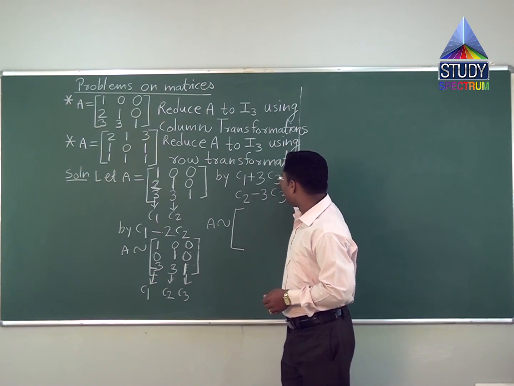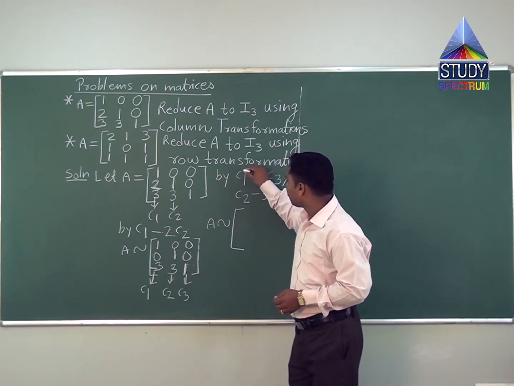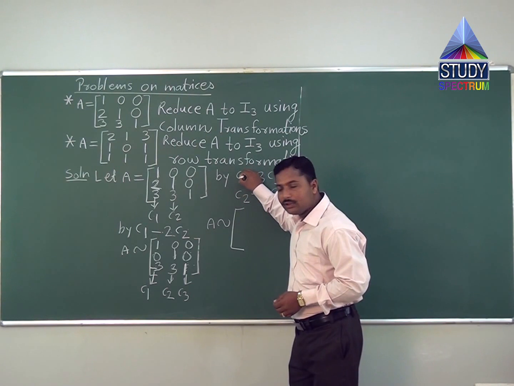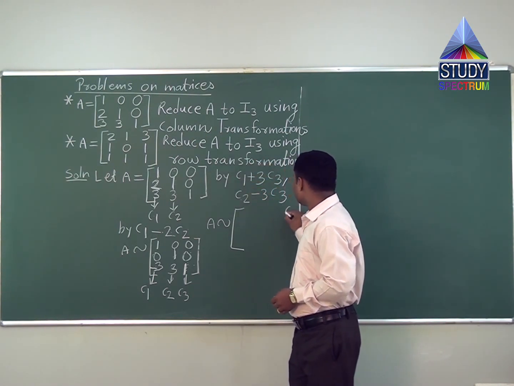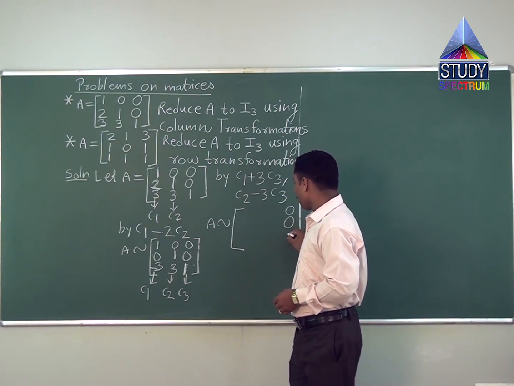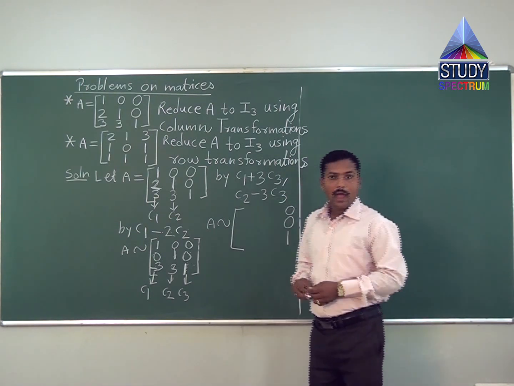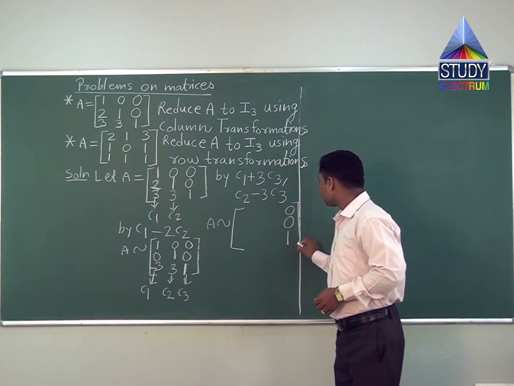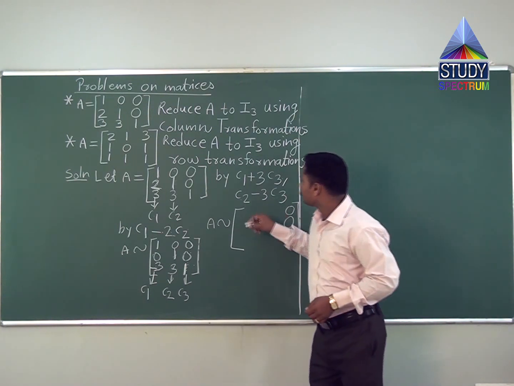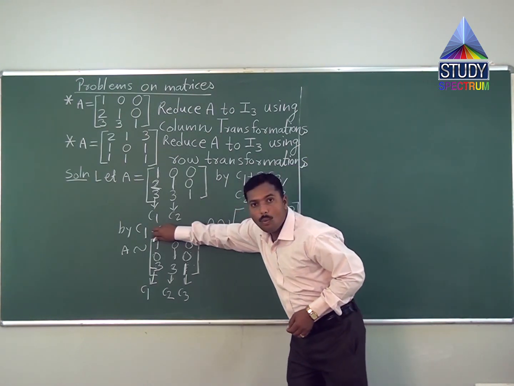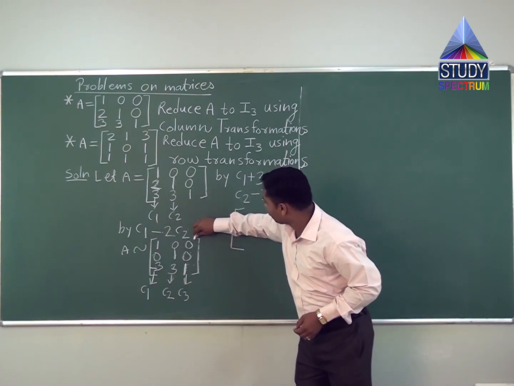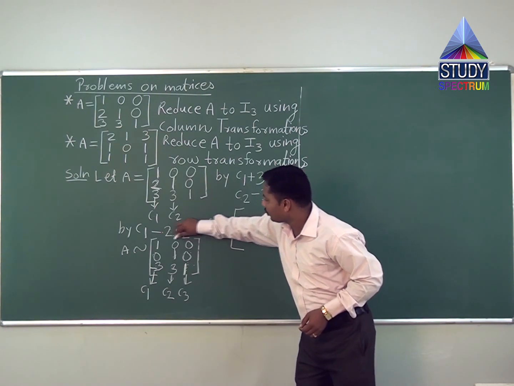The third column is as it is, because we are changing only column C1 and column C2. So 0 0 1 as it is. C1 plus 3 C3 means 1 plus 3 into 0, 1.